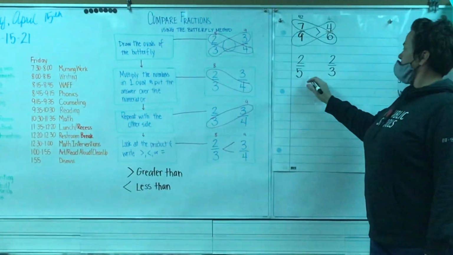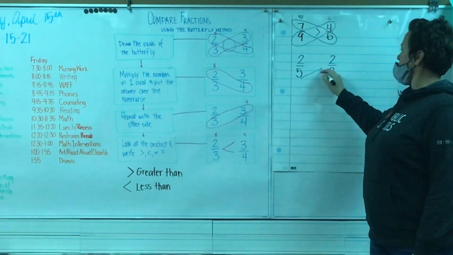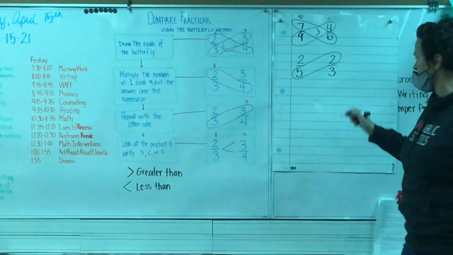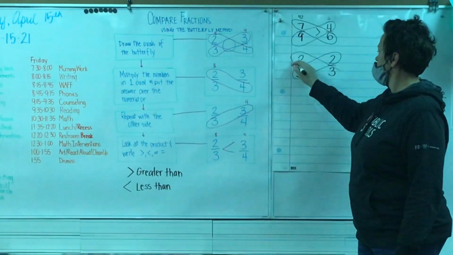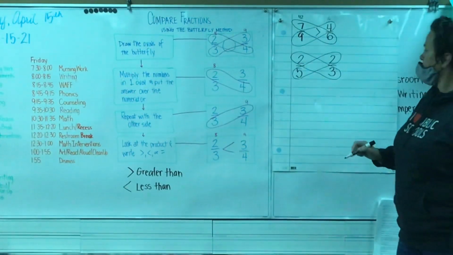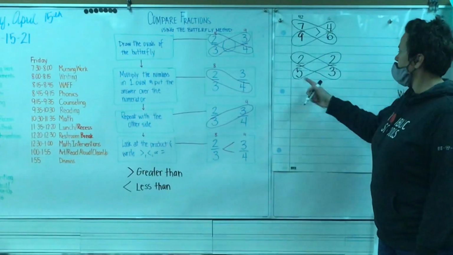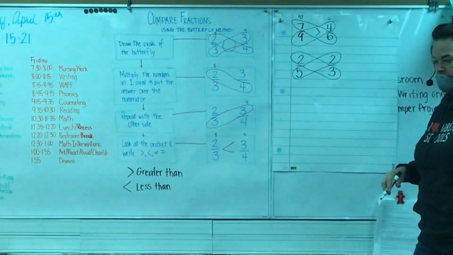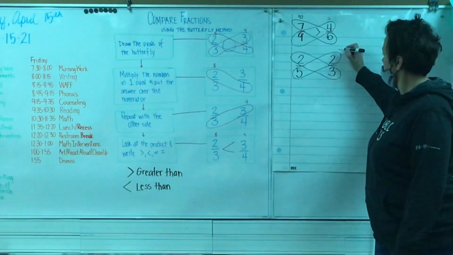Okay, so is it okay if I put a loop around this one first? Yeah, it doesn't matter, does it? Then I'm gonna circle that one. All right. What if I multiplied 5 times 2 first? Is that okay? What's 5 times 2? 10.